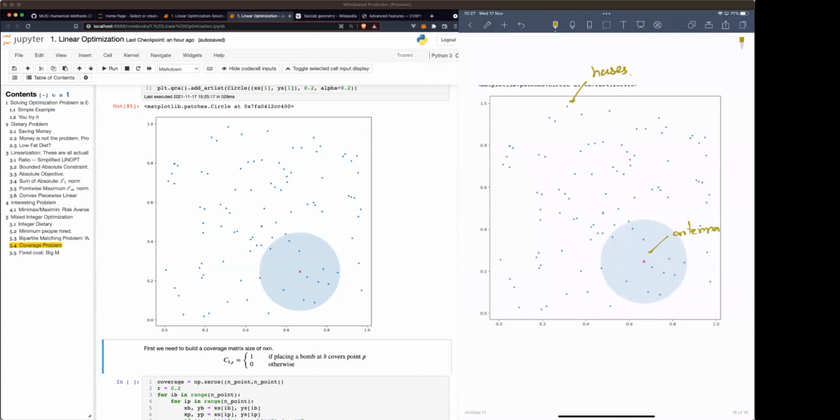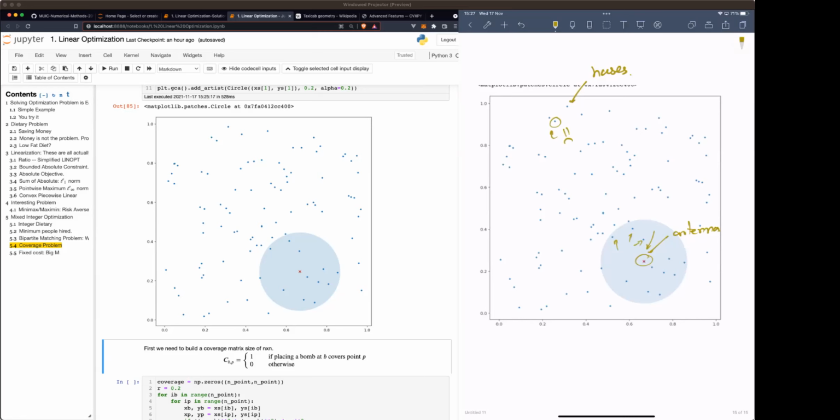And if you place an antenna here, what happens is that these people within the blue range are going to be covered. But this guy over here, because the antenna is here, is a sad person, right? You have no signal. It's like your house that has bad signal. So you are these people who have bad signal. Okay, so far so good.